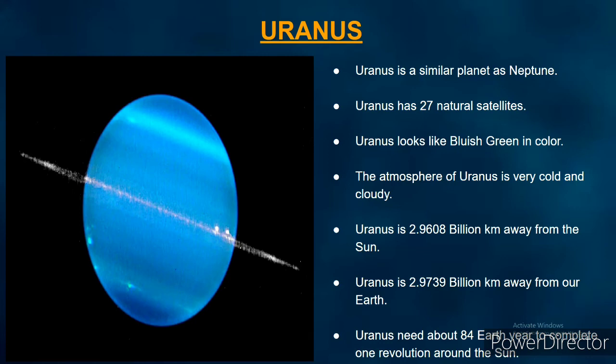Uranus is 2.9608 billion kilometers away from the Sun. Uranus is 2.9739 billion kilometers away from our Earth. Uranus need about 84 years to complete one revolution round the Sun.